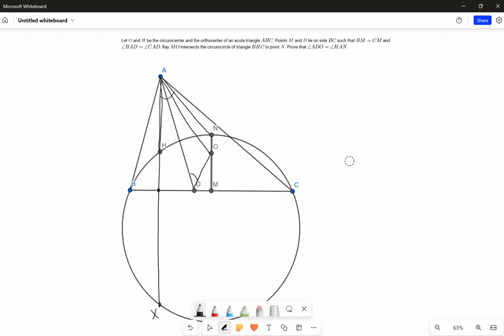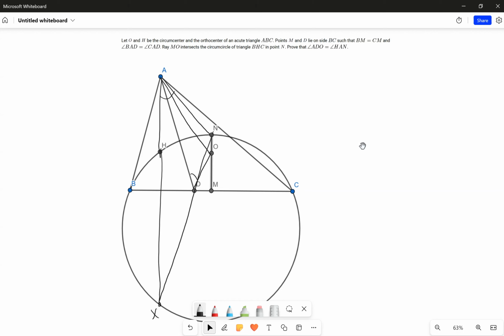So let's go ahead and erase Y. But if we take a look at point X here, then we have the line ND and then it hits X. ND and X are collinear because N is the arc midpoint and XD bisects angle BXC by reflections. And it definitely seems like X does the job.